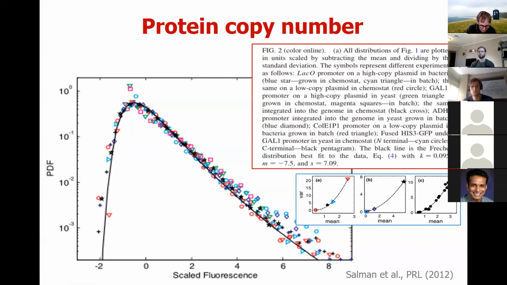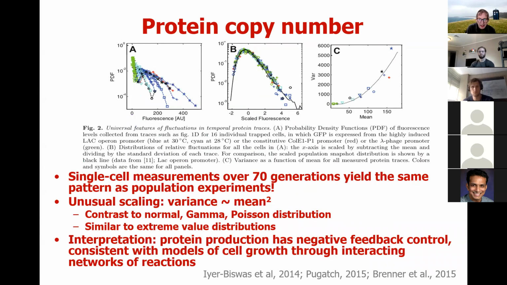So this is something clearly universal, and we have some idea about where this comes from. It comes from negative feedback control between the growth of cells and the way that the reaction networks interact inside a cell.